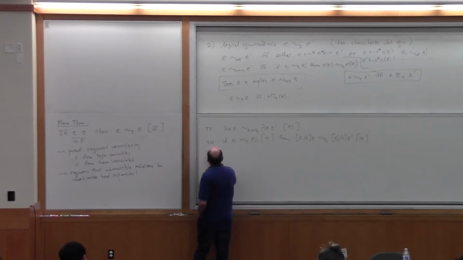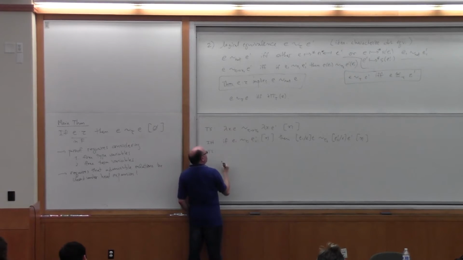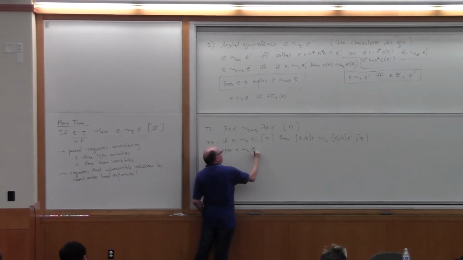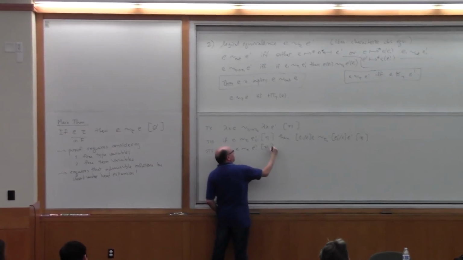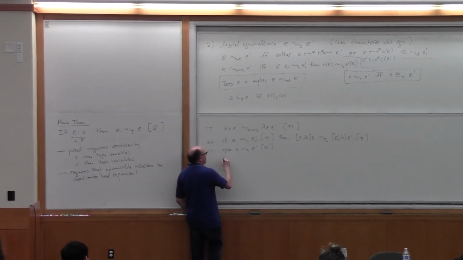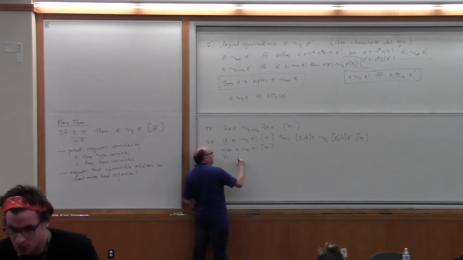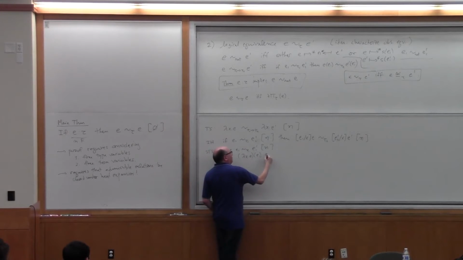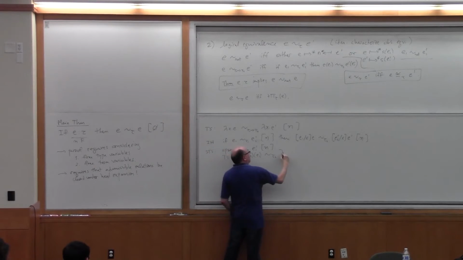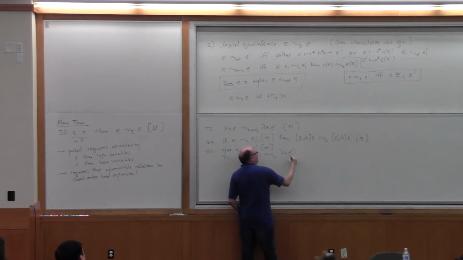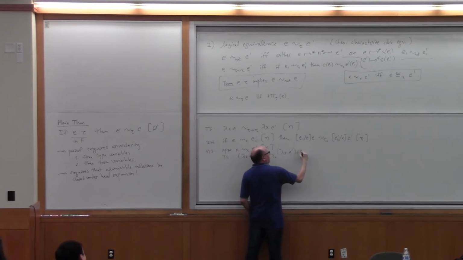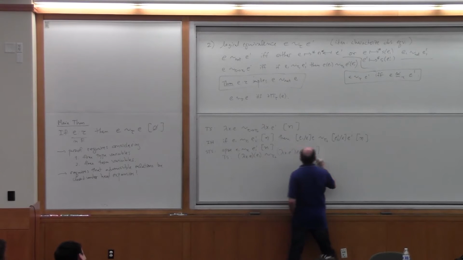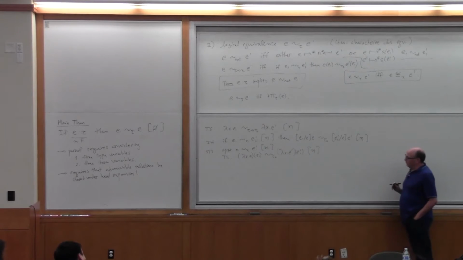Now the definition says we suppose we have an E1 which is related to E1 prime modulo eta. And what I want to show, and that's the trick, is that lambda x.e applied to E1 is related to lambda x.e prime applied to E1 prime modulo eta. That's what I want to show.